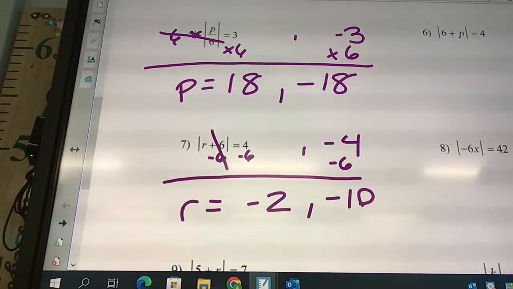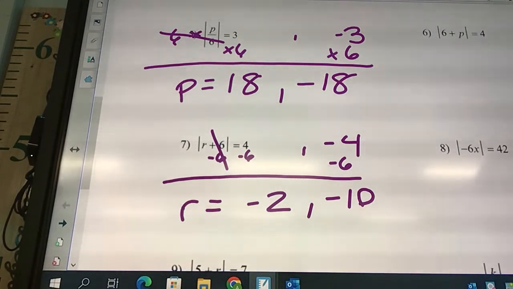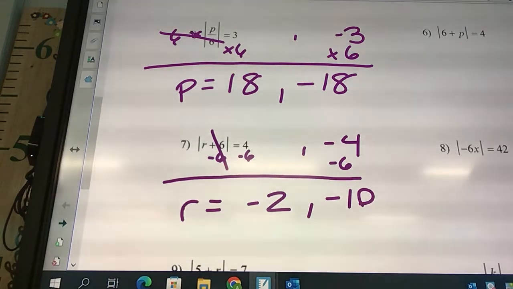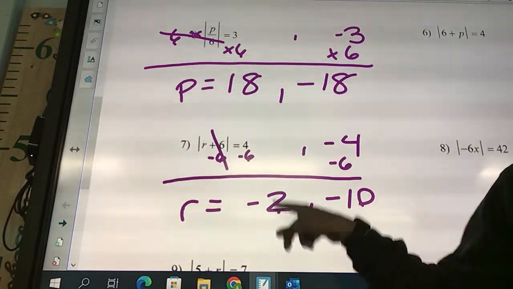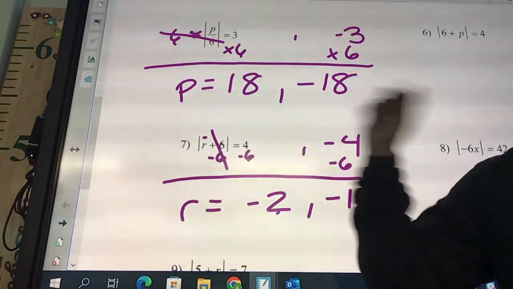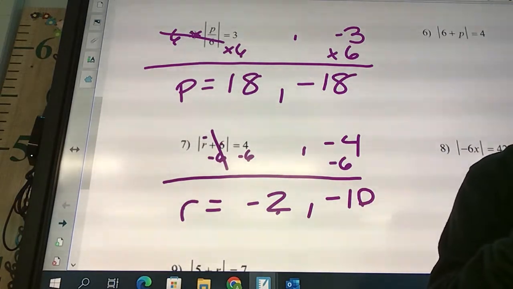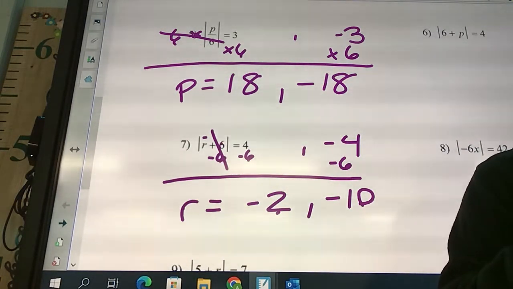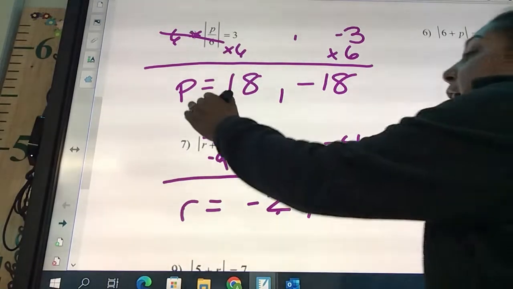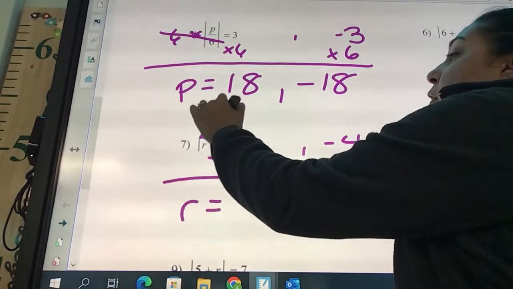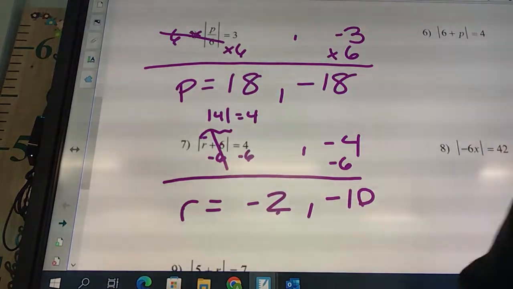No. So you need to make sure, and I'm not one of those teachers that say, but let's look here. If we would plug in -2, what is -2 plus 6? 4, right? So I would have in here 4 equals 4. Is that true?